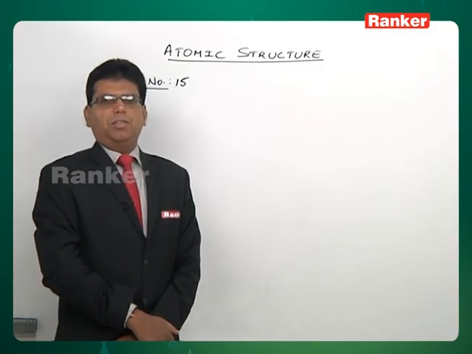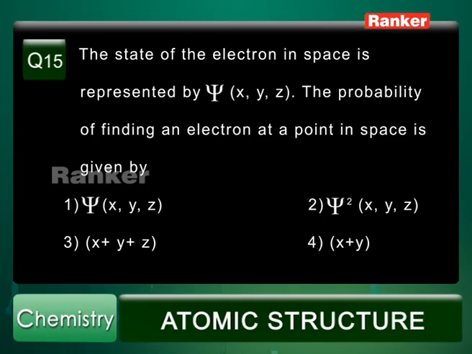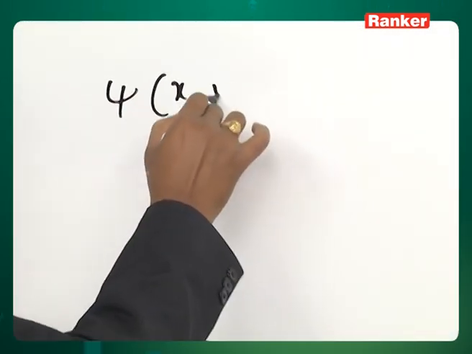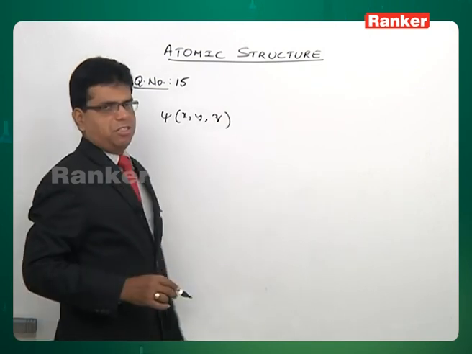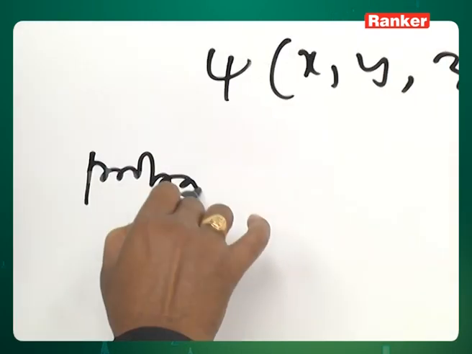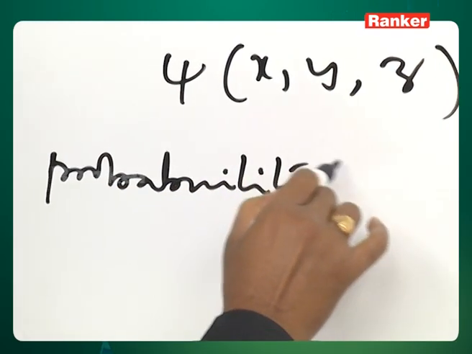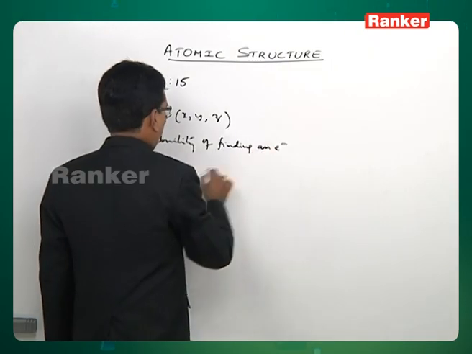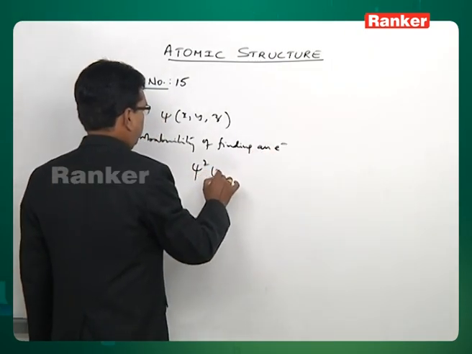In question number 15, the state of an electron in space is represented by psi xyz. The probability of finding an electron at a point in space is given by. So here, as in the Schrodinger's wave equation, if we gave an eigen function as psi xyz, then the probability of finding an electron is what we give as psi square xyz.